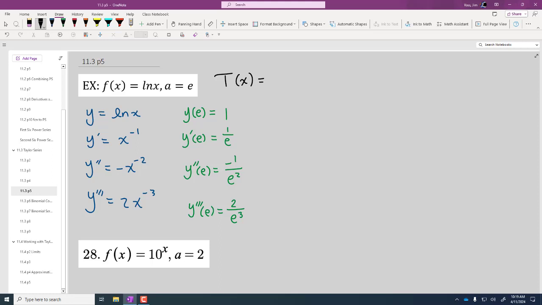So much of this power series stuff is just bookkeeping. It's just keeping things in order. If you come up with a process where you just keep things organized, it's pretty straightforward. So it's that constant plus the next constant times x minus the center. So there's the tangent line.